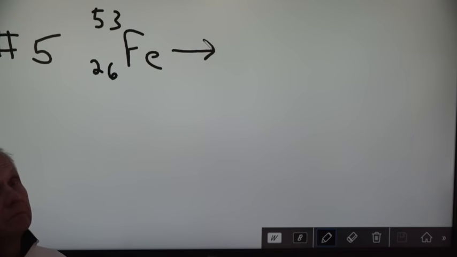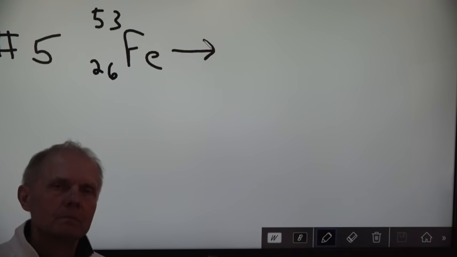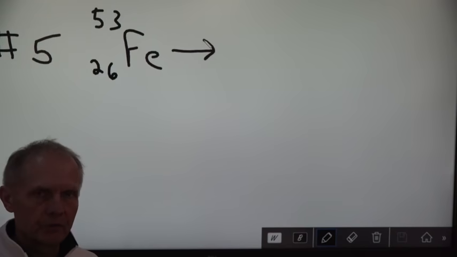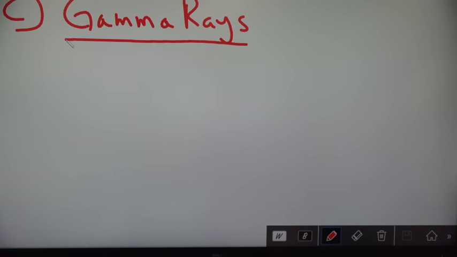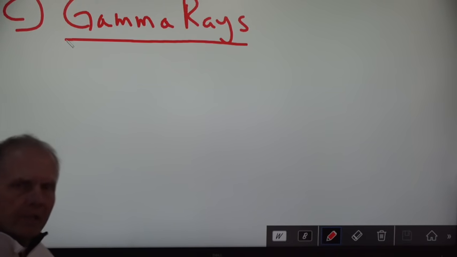But we didn't talk about something. We talked about alpha particles. We talked about beta particles. But we didn't talk about the 3rd emission from radioisotopes, and that's gamma rays. So capital A was alpha particles, capital B was beta particles, capital C is gamma rays.